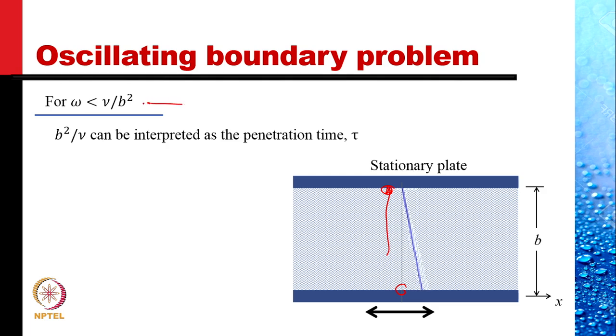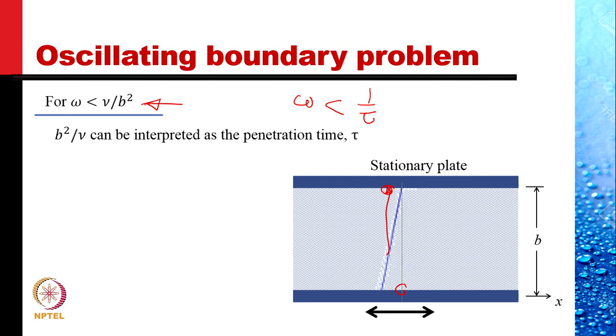Then this condition, omega less than nu by b square, translates into omega much less than 1 over tau. That means the time required for flow velocity to penetrate up to the upper plate is much less than the time of fluctuation of the velocity of the lower plate.